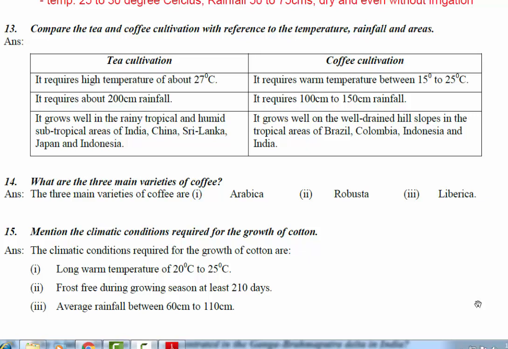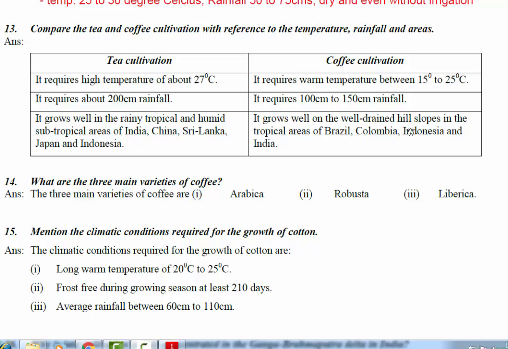Cultivation of tea requires about 200 centimeters of rainfall, and coffee 100 centimeters to 150 centimeters of rainfall. Tea grows well in the rainy tropical and humid subtropical areas of India, China, Sri Lanka, Japan and Indonesia, whereas coffee grows well on the well-drained hill slopes.